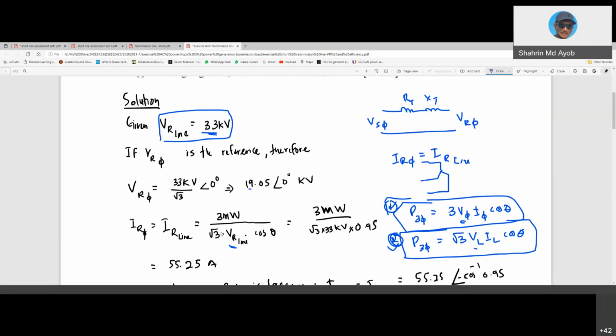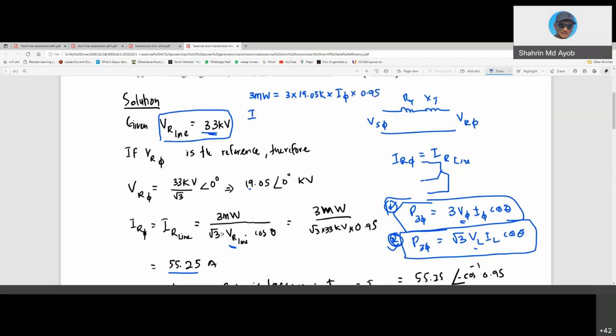If you are not convinced, you can try right now using the first one. Can someone calculate whether you obtain the same answer? So now 3 megawatt is equal to 3 multiplied by the V phase, which is 19.05 kilovolt, multiplied by the current that we don't know, I phase, multiplied by the power factor, which is 0.95.